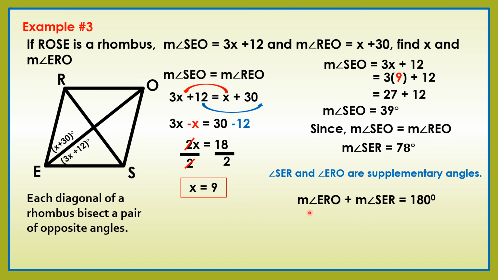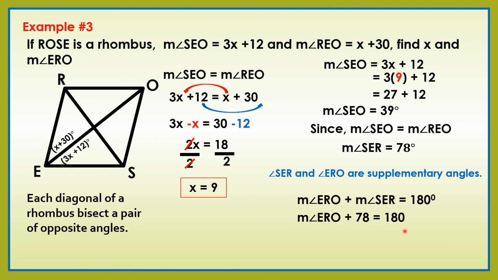Therefore, we can say now that measure of angle ERO, ito yon, and the measure of angle SER, ito yung angle niya, is equal to 180 degrees. So, substitution lang tayo. Ang measure ng angle ERO natin is unknown. Ang measure ng angle SER natin ay 78 is equal to 180.